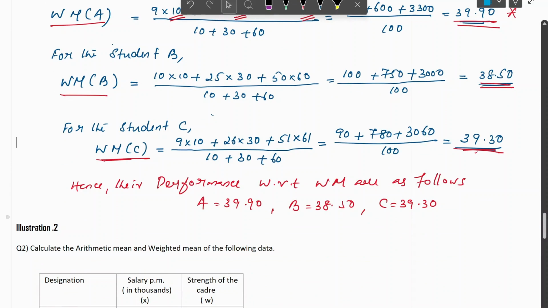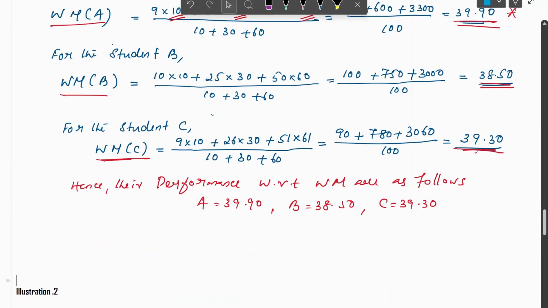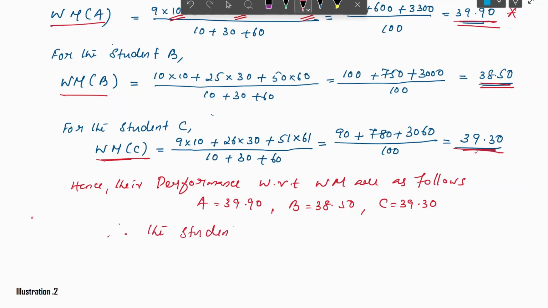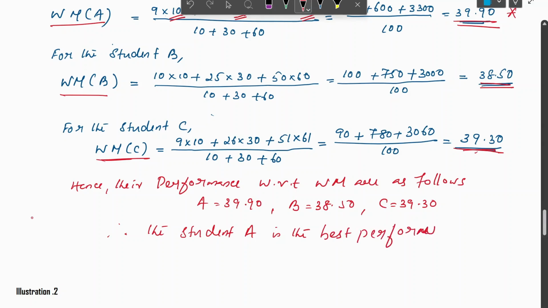Therefore, the student A is the best performer. And you can complete it. Here, because of the weighted average, we have given importance to each and every item and considered it.